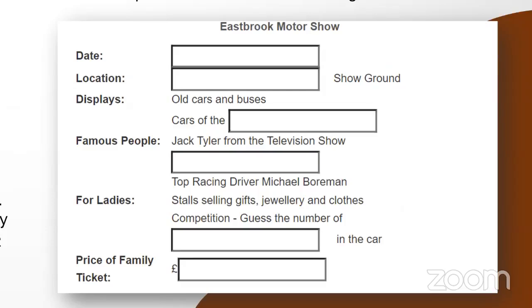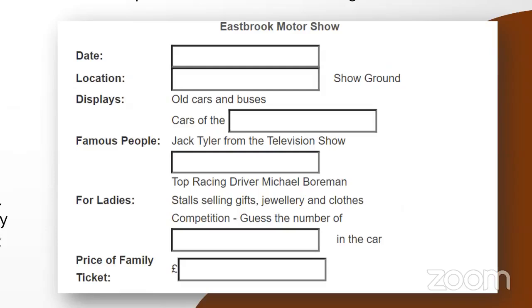Jack Taylor from the television show. Top racing driver Michael Borman. For ladies: stalls selling gifts, jewelry, and clothes.